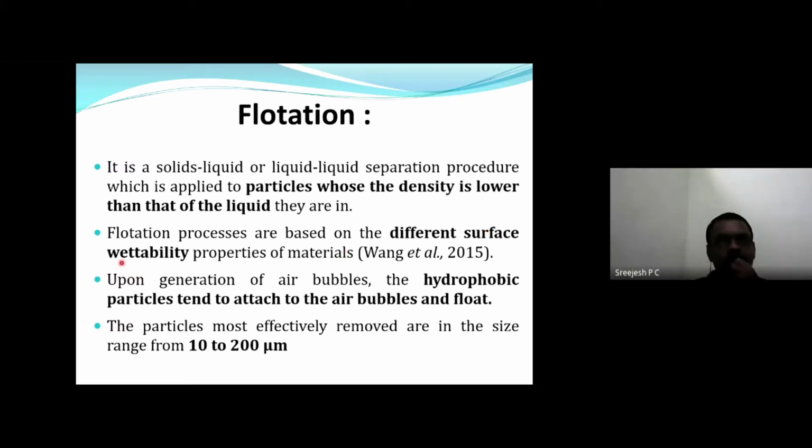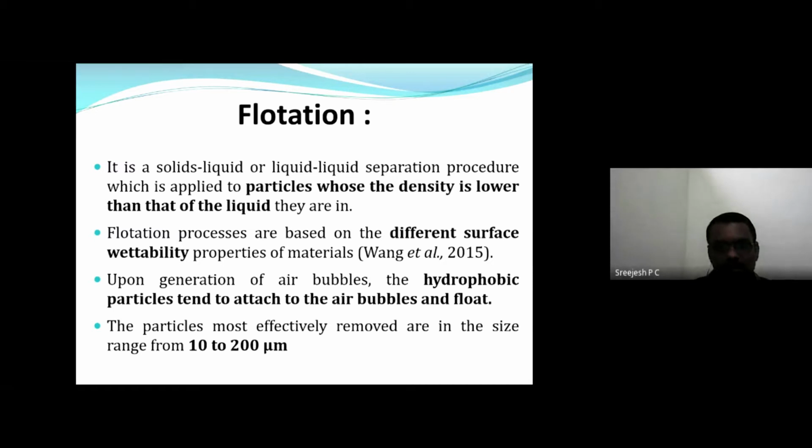When we talk about surface wettability, imagine that you have a slide. On the slide, you are keeping different types of materials. Maybe you are putting a drop of water. Similarly, you put a drop of oil, say coconut oil. Similarly, you take one more oil, or you put ghee on it.